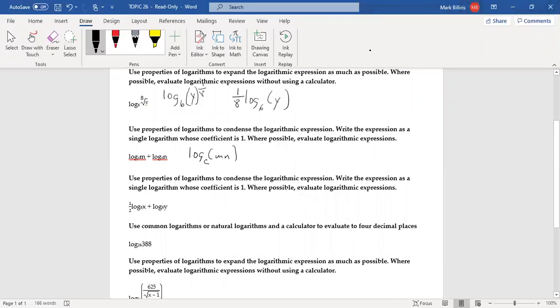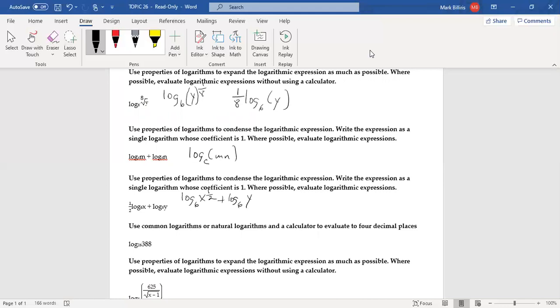The next, again, we're going to condense. Here we have 1/2 log base 6 of x plus log base 6 of y. The first thing that we're going to do is undo the power rule, which means that this coefficient, this 1/2 in front of the log, is the exponent of x. So we're going to write this as log base 6 of x to the 1/2 plus log base 6 of y.